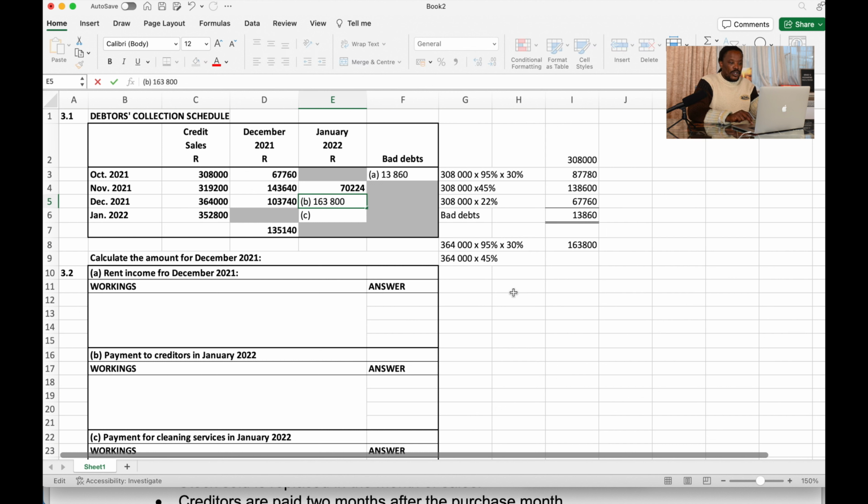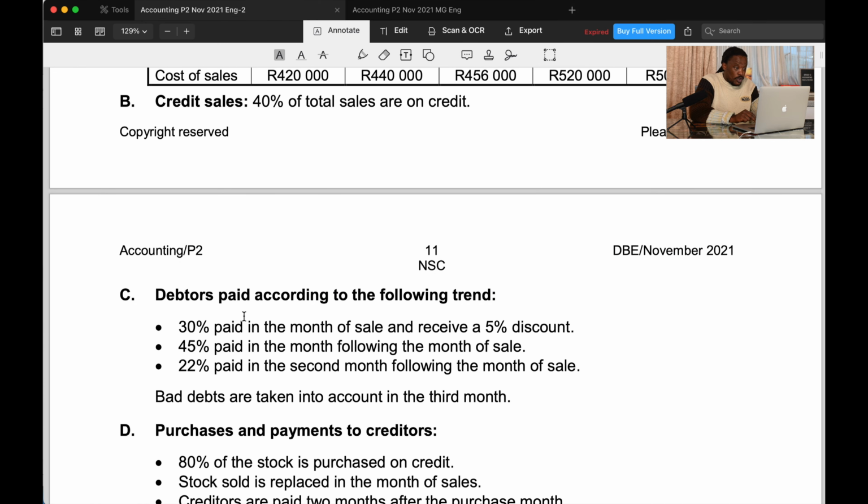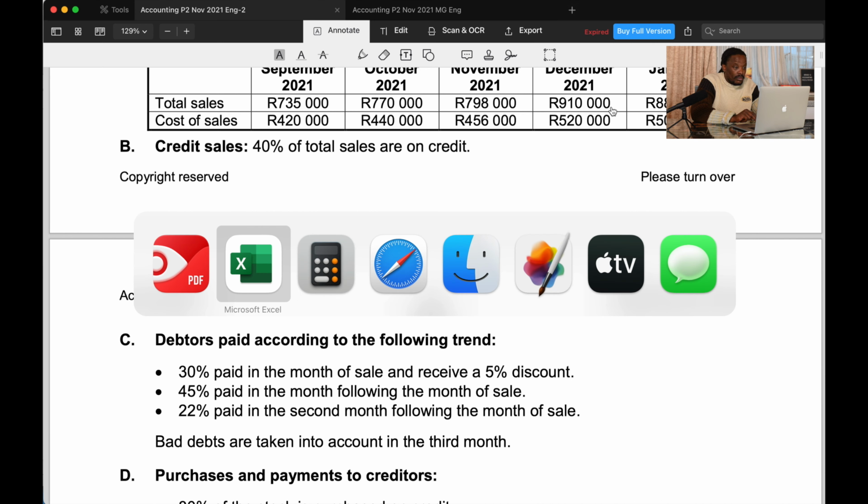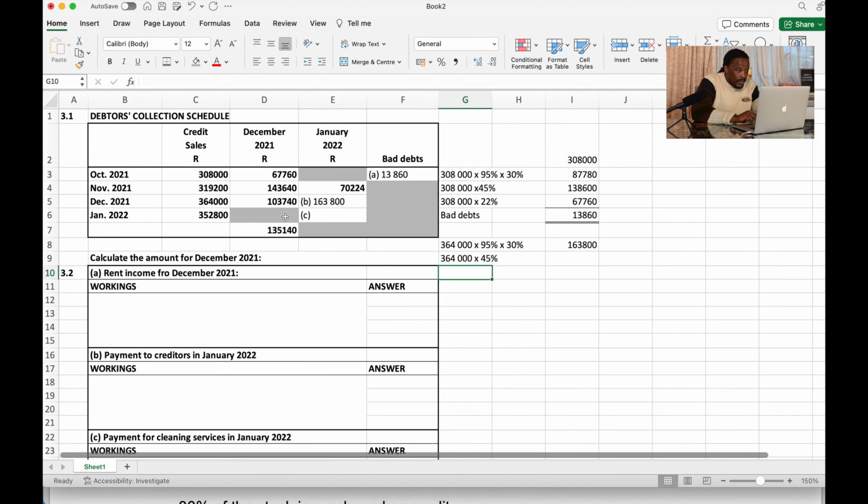163,800. But guess what? The examiners, and I'm going to use another color here, what they did, they used the total, and this is 40%. Remember that the cash sales were told, the credit sales were told that it is 40%, but the examiners used the 60%, such that they took this 10,000 for January, because I want to show you how this arrived.